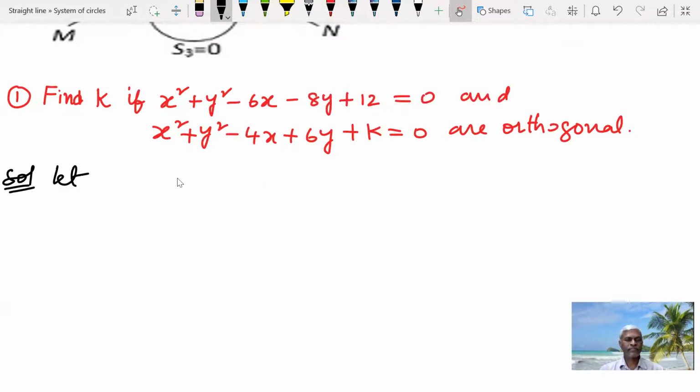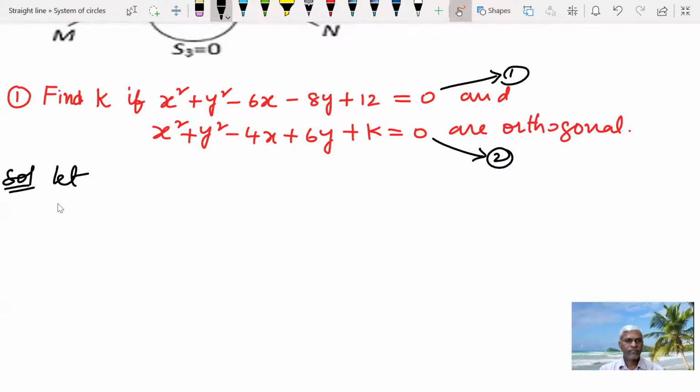Now let this be the first circle. Let this be equation 1 and this the second circle.